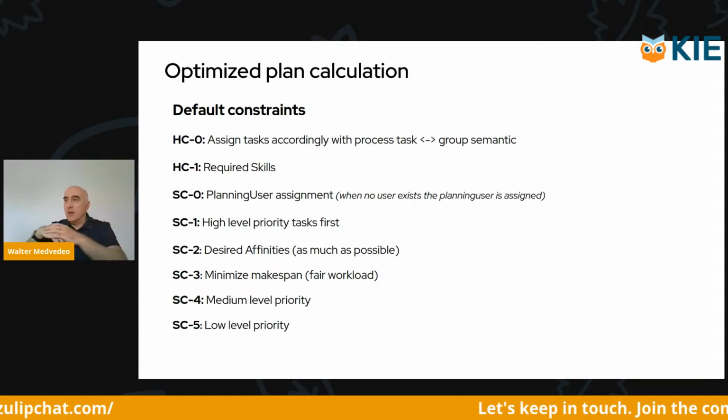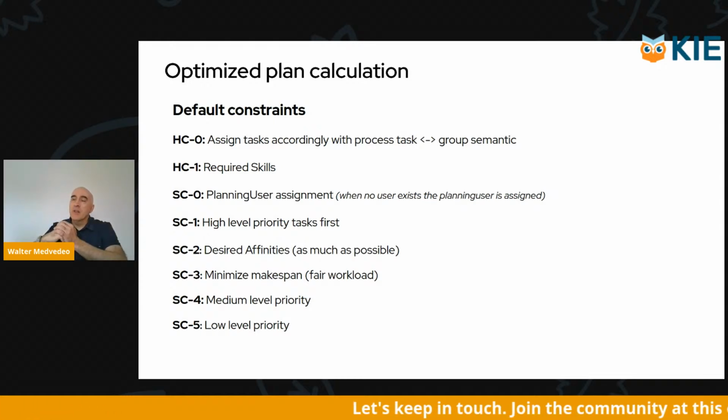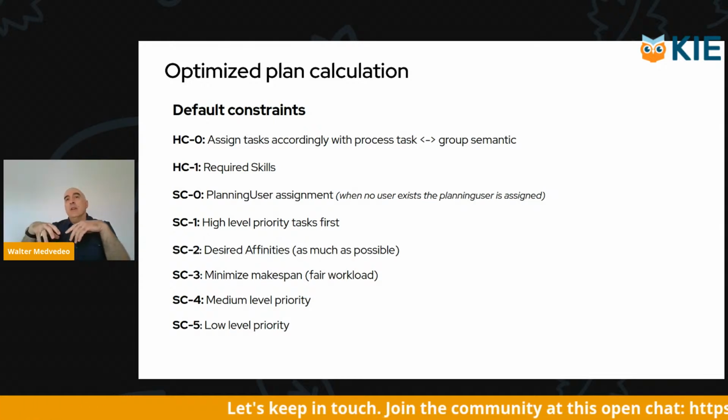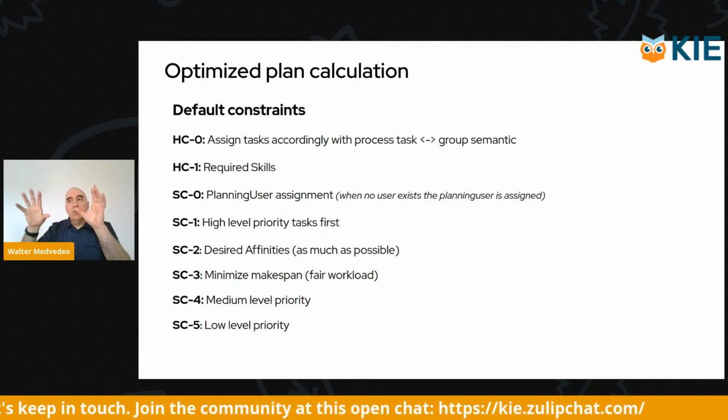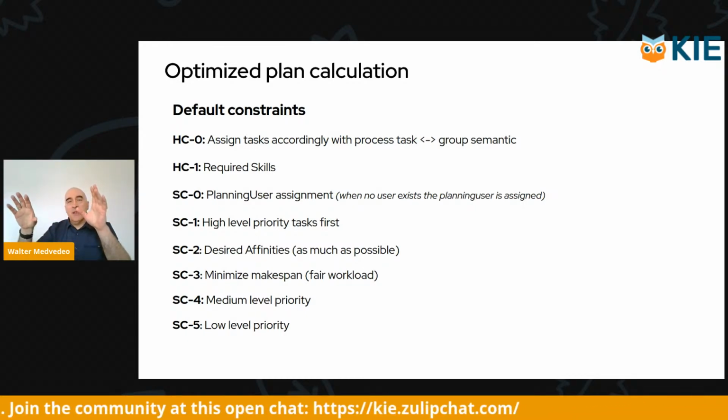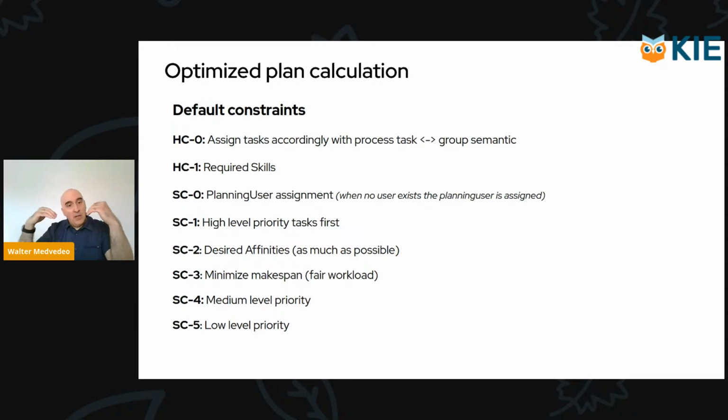So probably in a particular business, we want to tell OptaPlanner that when you have to assign a task that is for this customer, if possible, try to select Walter, because we know that Walter has an affinity with this customer.